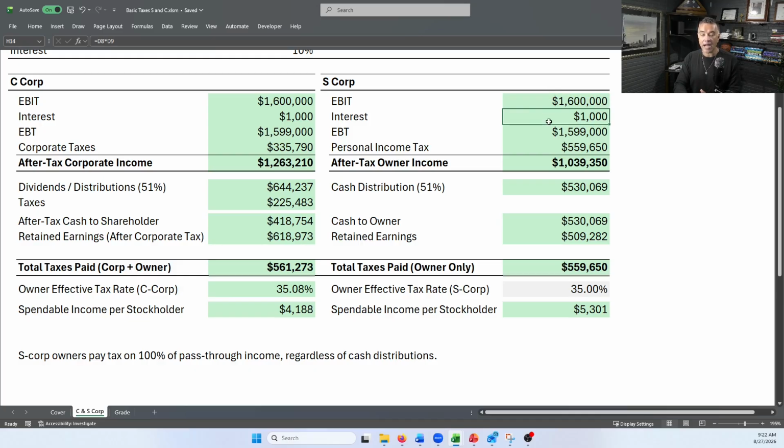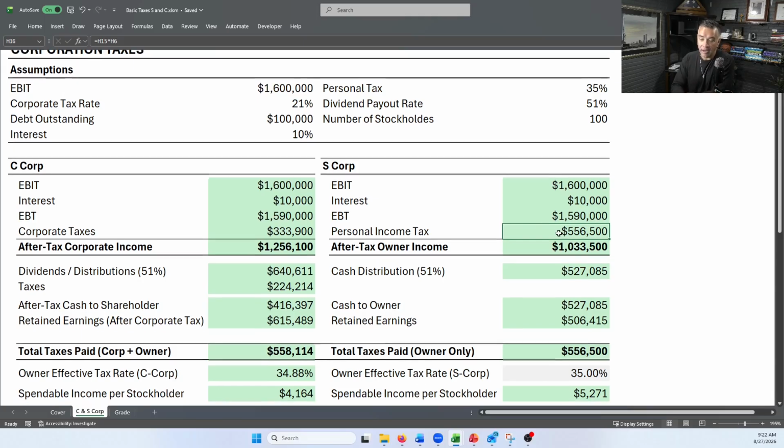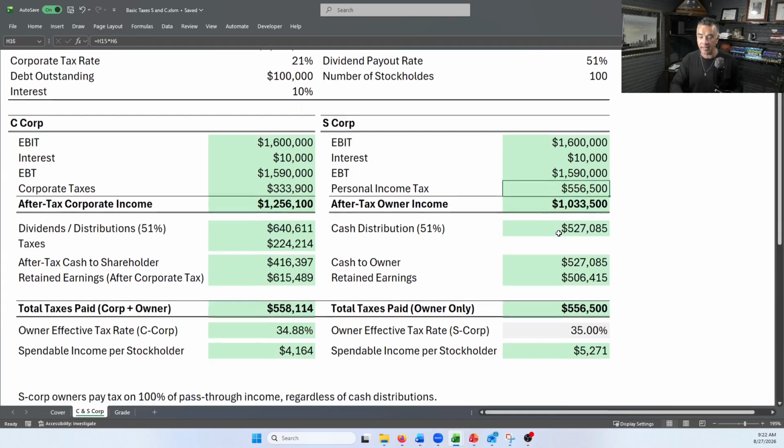I subtracted out, let's make this a little larger, 100,000. Now we got to pay a 10,000. So now my taxable income is 10,000 less. That means I'm going to pay less personal income tax than I did with no debt. Of course, debt has other consequences, other negative impact, but one of the positive things is the tax shield. You don't pay taxes on it.